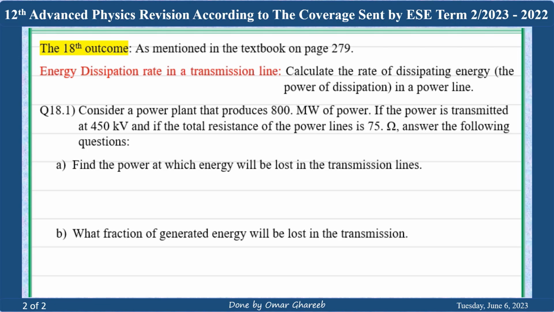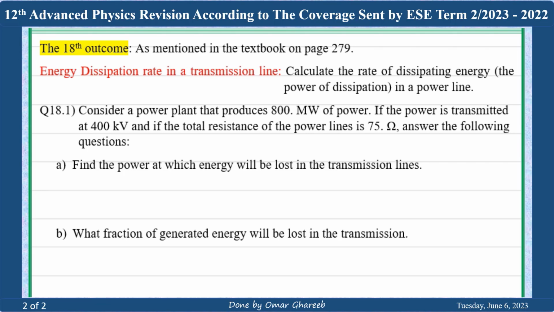If the power is transmitted at, I'll make it 400, it's more convenient, 400 kilovolt, and if the total resistance of the power line is 75, answer the following question. Find the power at which energy will be lost in the transmission line.